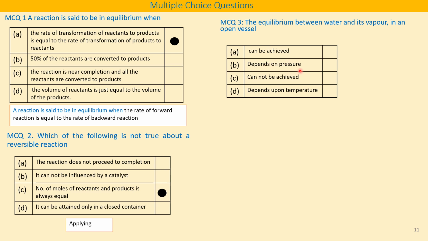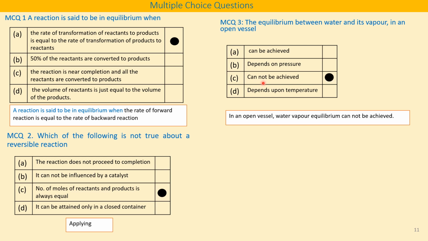Depends on pressure, cannot be achieved, depends upon temperature. The reason is the equilibrium between water and vapor cannot be achieved in an open vessel. So option C is the correct choice. So in an open vessel, water vapor equilibrium cannot be achieved. So option C is correct.